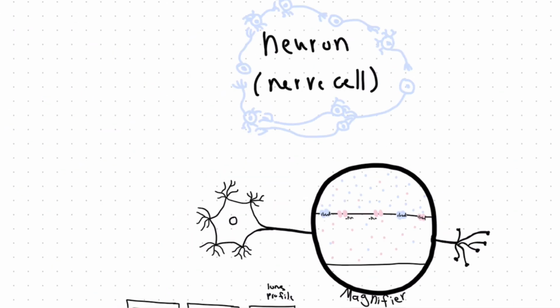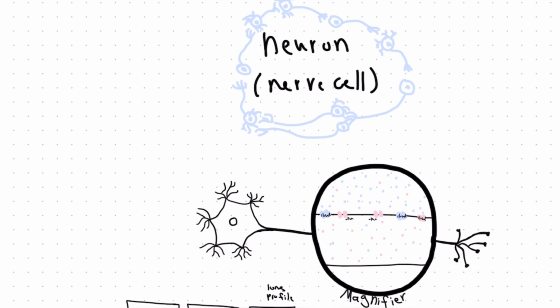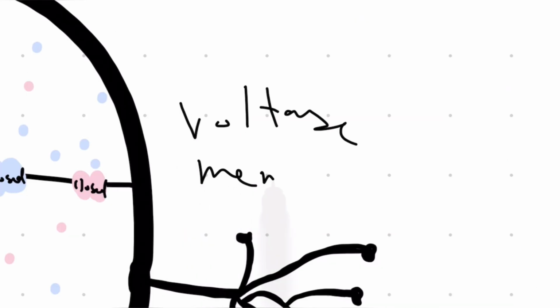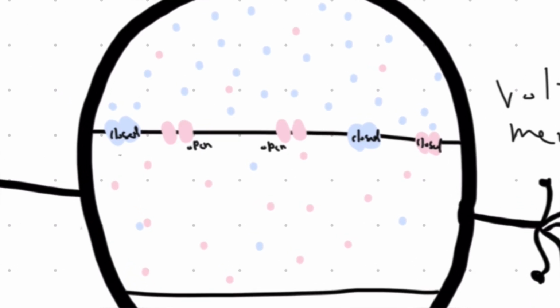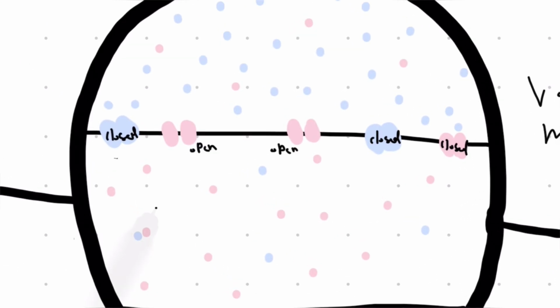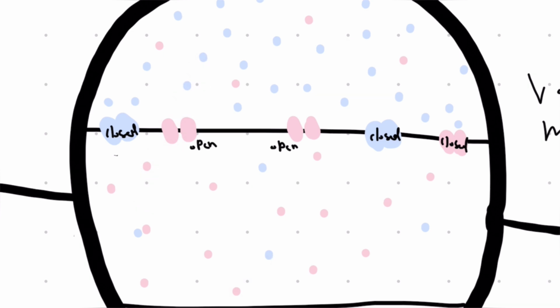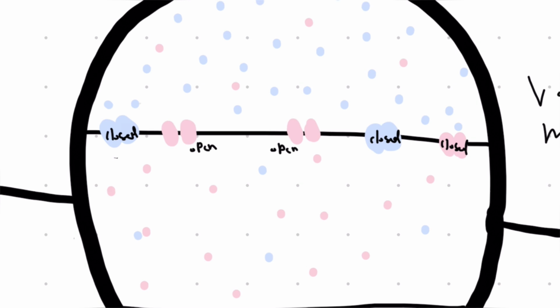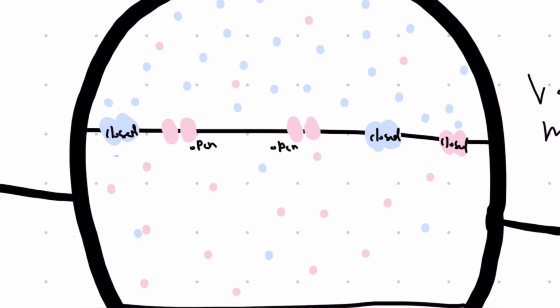A neuron, like every other cell, has voltage or membrane potential. There are ions inside the axon and ions outside. The concentrations of these ions are not the same, and these ions have their own channels. Some of these channels are closed, some channels of other ions are open.